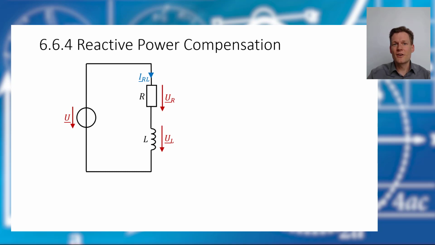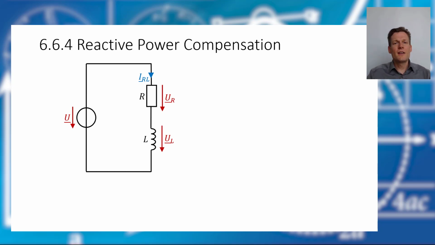And these currents will produce voltage drops because the cables of our power net are not ideal. They have ohmic losses. And reactive power leads to higher currents, and these higher currents lead to losses.